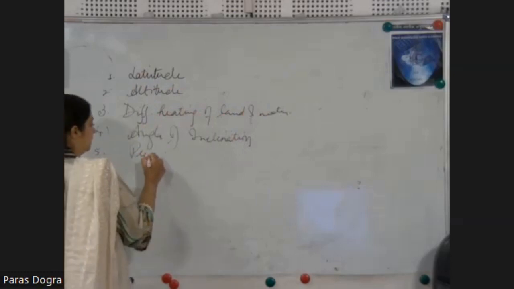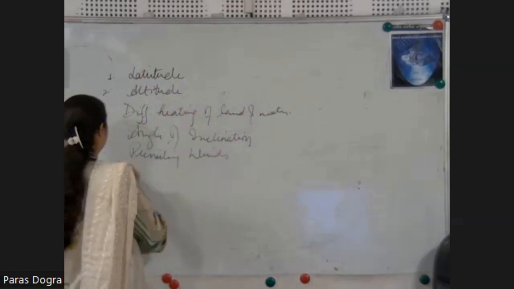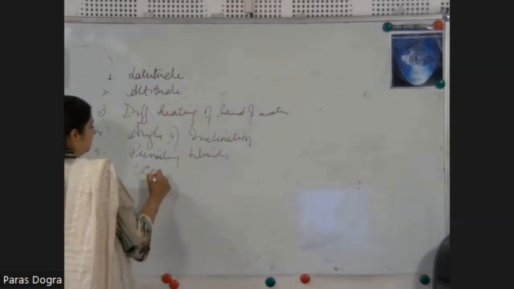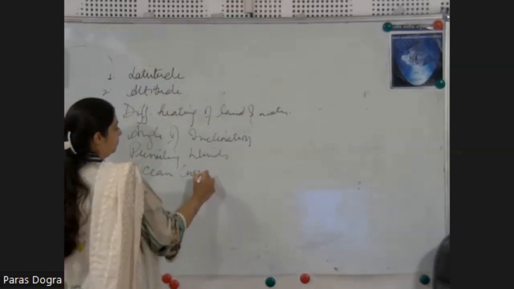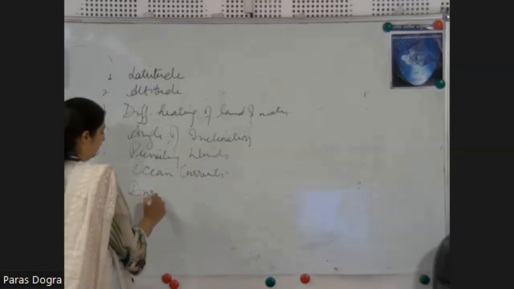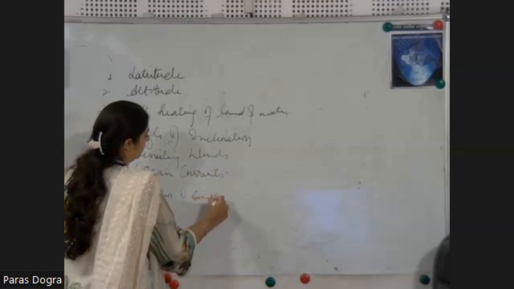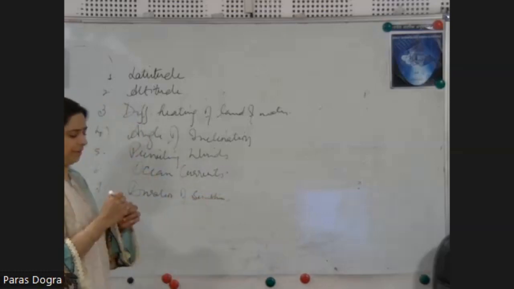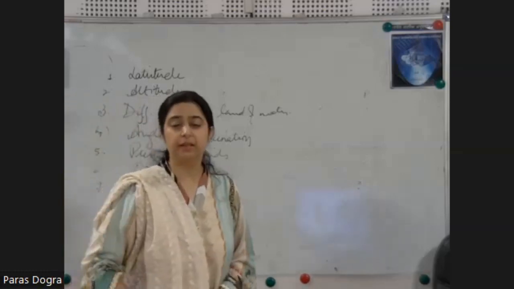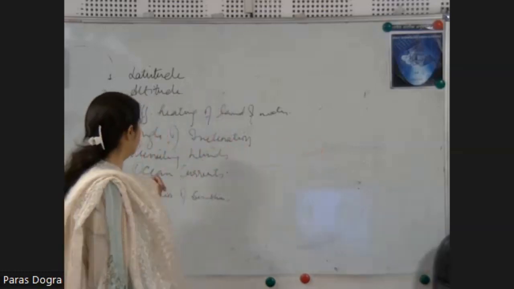Then prevailing winds, that is, how the winds are blowing. Ocean currents. Duration of sunshine. So these are the various factors which play important roles in the temperature of a particular place.